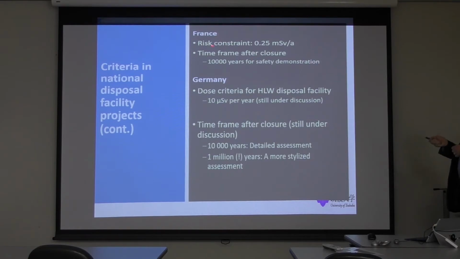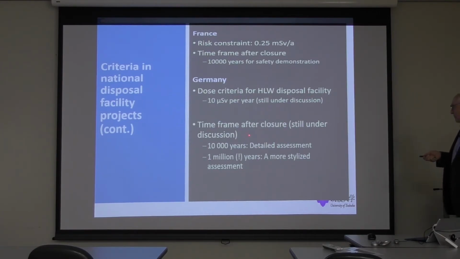France says the risk constraint is equivalent to a dose of 0.25 millisievert per year, and 10,000 years should be looked at for safety demonstration. In Germany, those criteria are still under discussion. So far, the criterion for a high-level waste disposal facility is 10 microsievert per year, which is even lower than in Sweden.